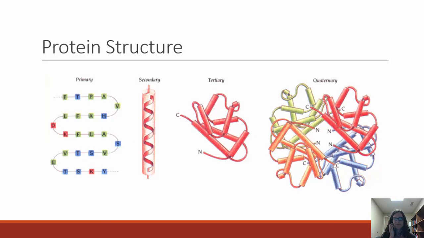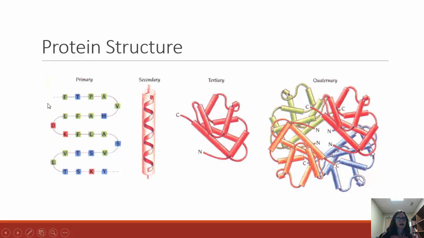Okay, and this is probably a review, but basically when the protein comes out of the ribosome, it's in its primary structure. So its primary structure is just the sequencing and strong covalent bonding of amino acids that occur as the protein is synthesized from the ribosome. So what order all of these amino acids are in is its primary structure.